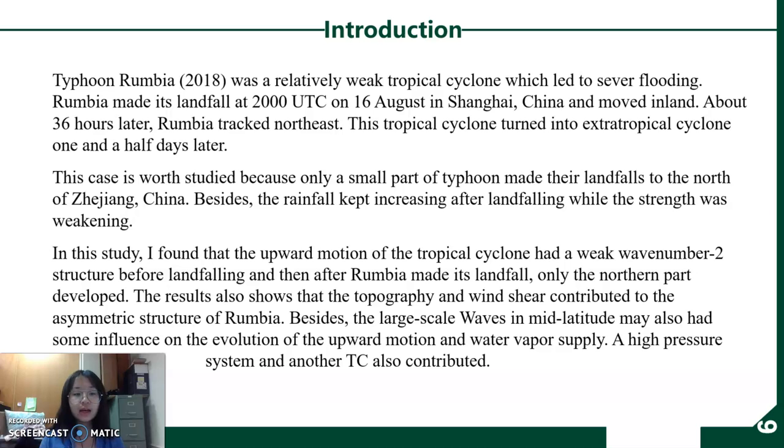In this study, I found that the upward motion of the tropical cyclone had a weak wave number 2 structure before landfalling, and then after Rumbia made its landfall, only the northern part developed. The results also show that the topography and the vertical wind shear contributed to the asymmetric structure of Rumbia.